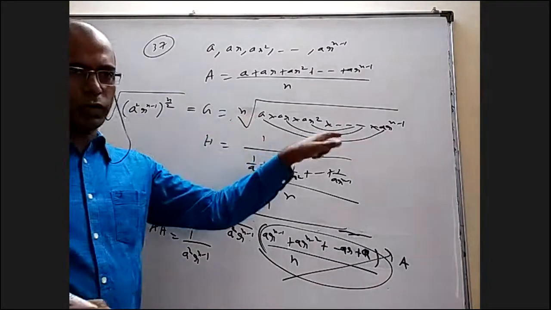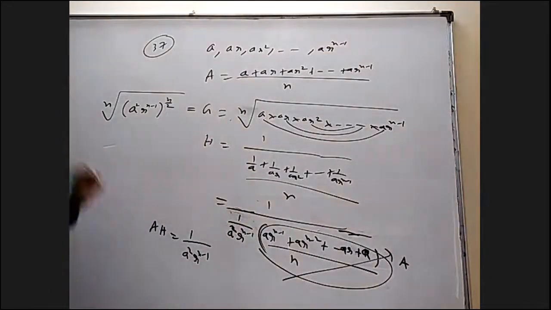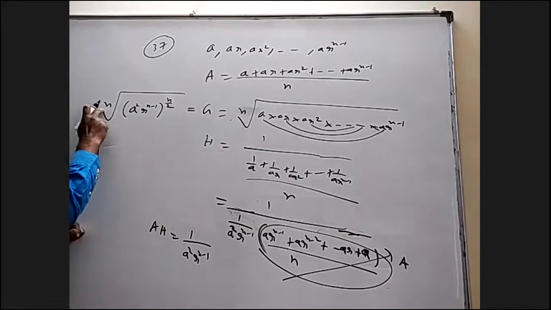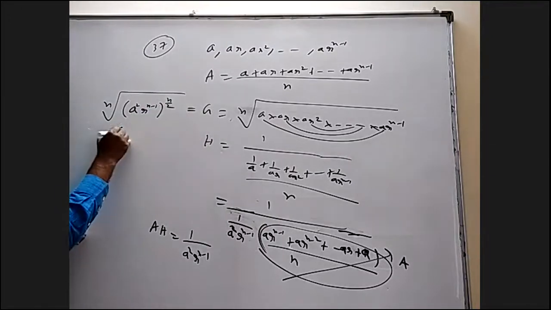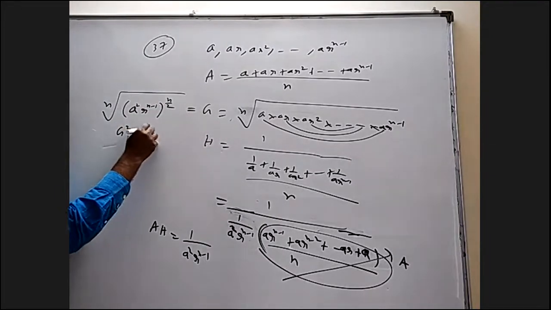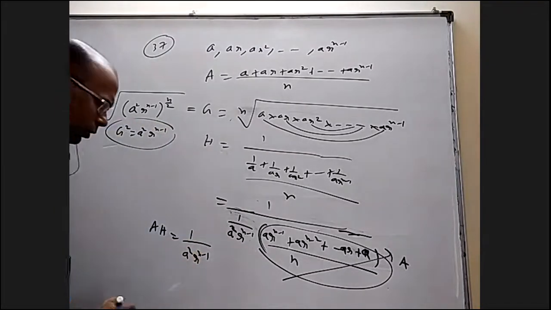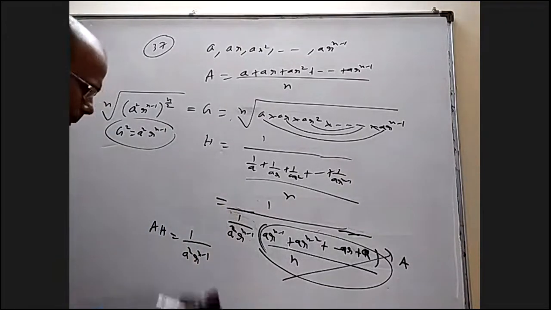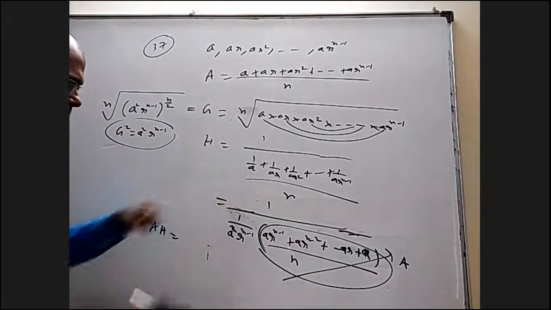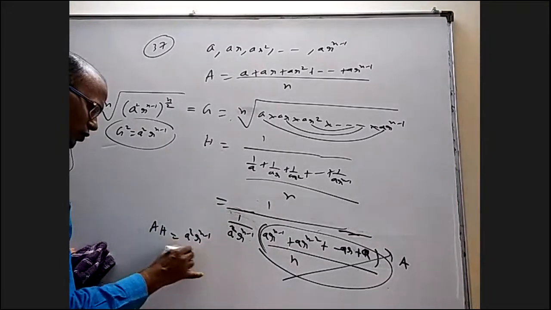Each pair product is a square r power n minus 1, and I have to multiply n by 2 times. Now this n and this one will cancel. Because of this 1 by 2, when you square it, you get G square equal to a square r power n minus 1, which is exactly this. You would have got a square r power n minus 1, which is G square.